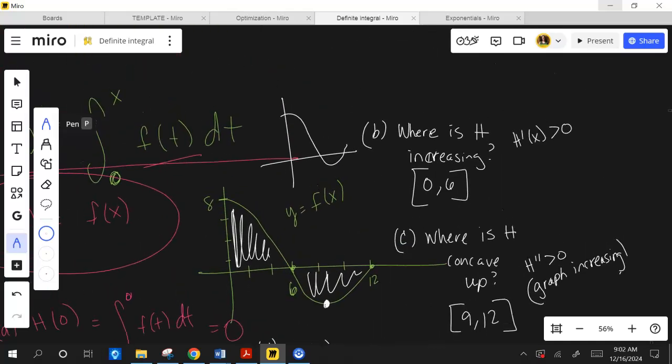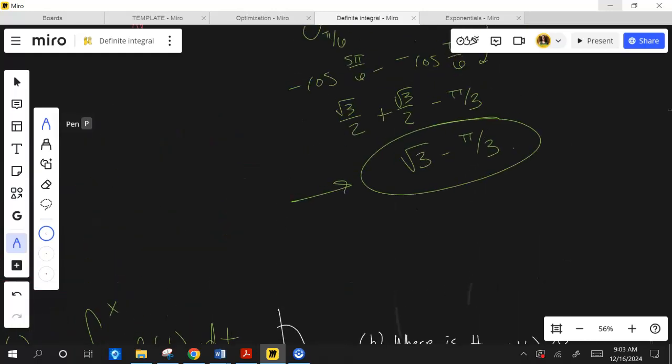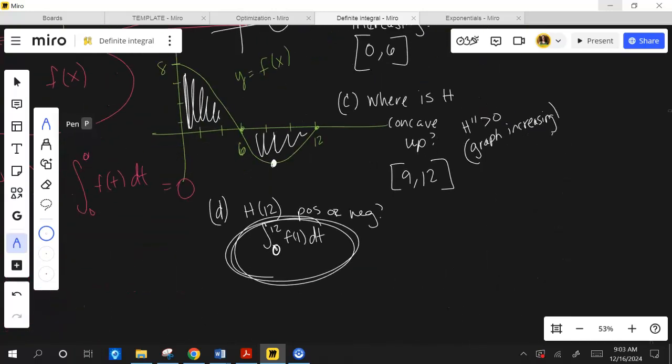Depending on where there is more area is whether I'm positive or negative. Does that make sense? You wouldn't have an exact value, you would just say it's positive because there's more area.